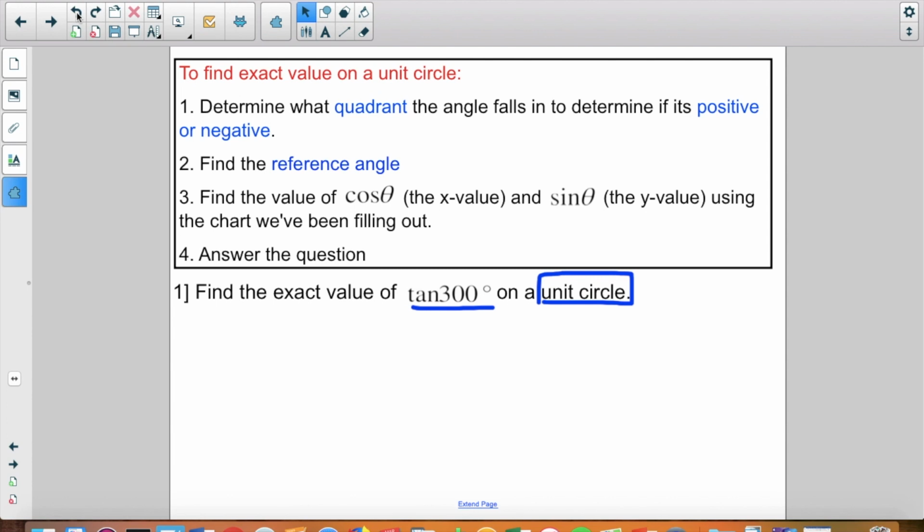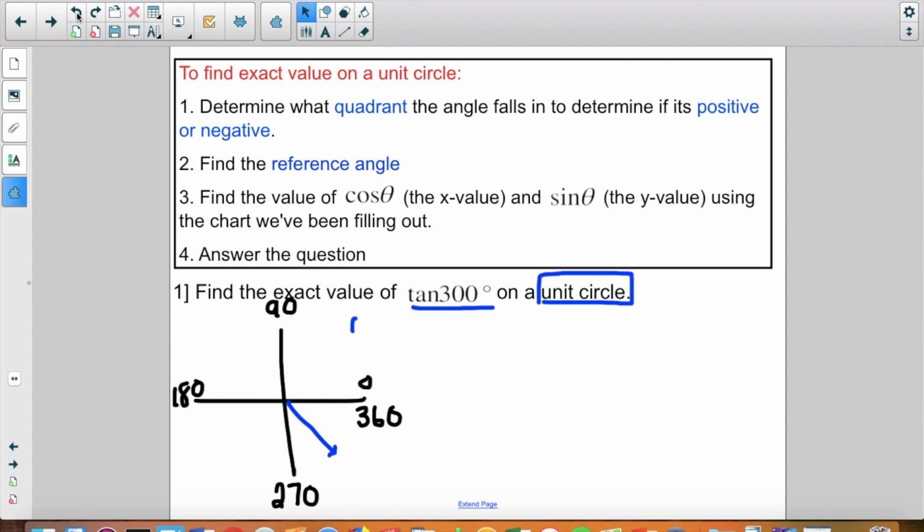So let's start by figuring out where this angle is. We have our coordinate plane. This is 0, 90, 180, 270, and 360. Our angle is 300 degrees, which is somewhere over here. If we were to label the quadrants, it is in quadrant 4.